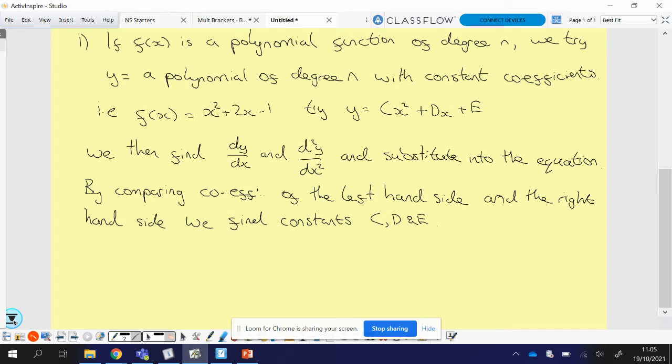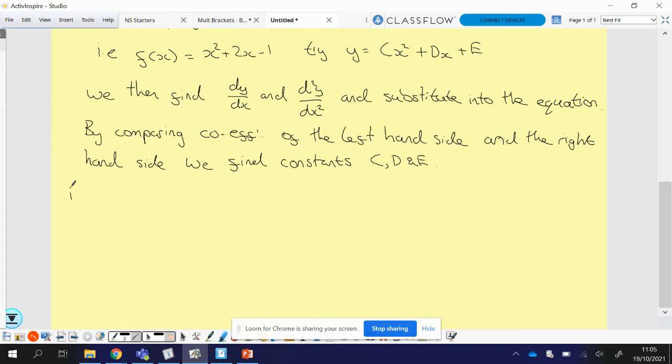We do get other cases. So case 2. What can be quite common is if we get an exponential.